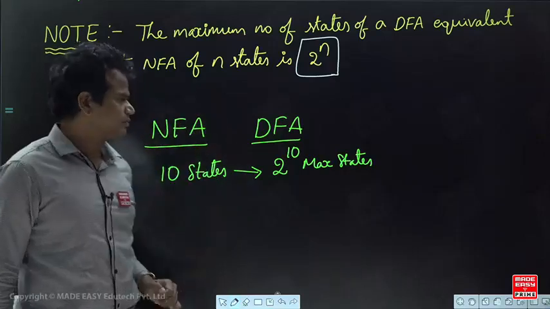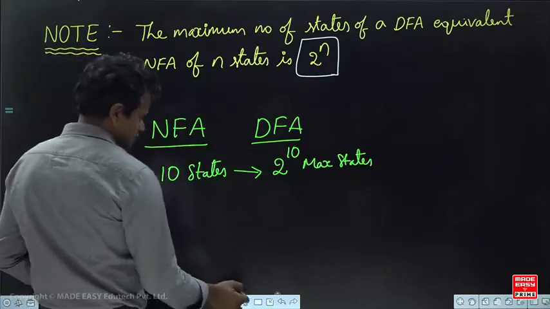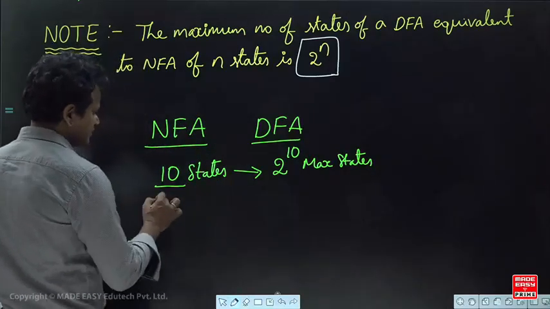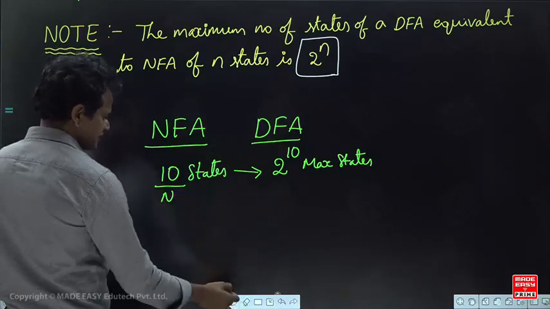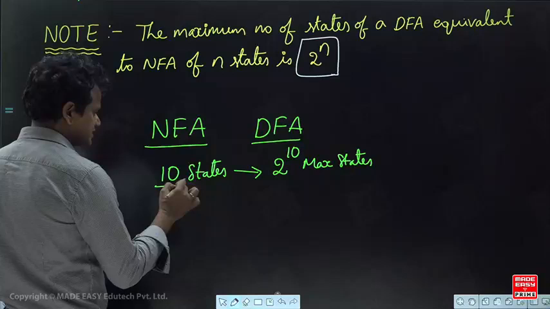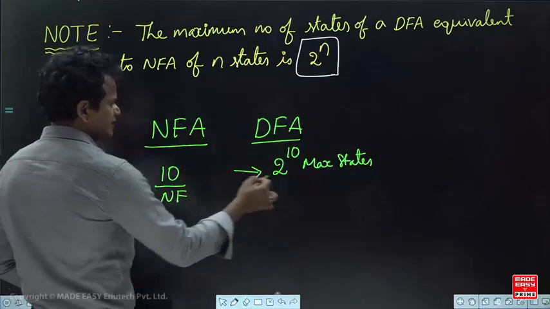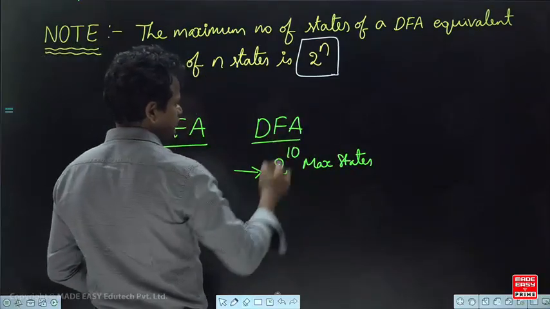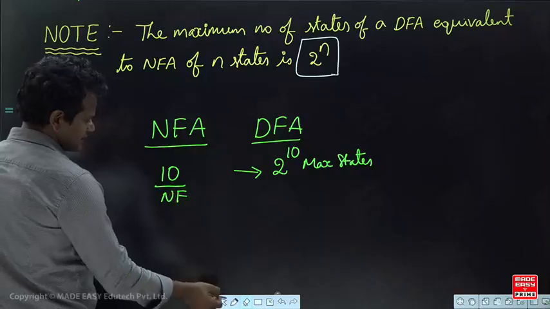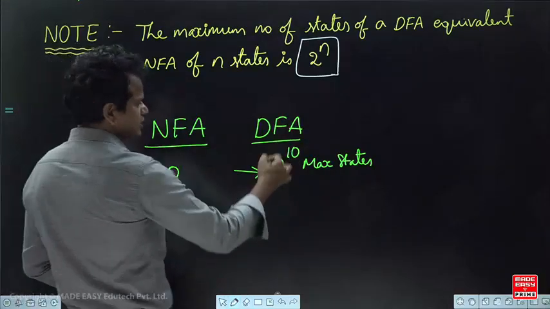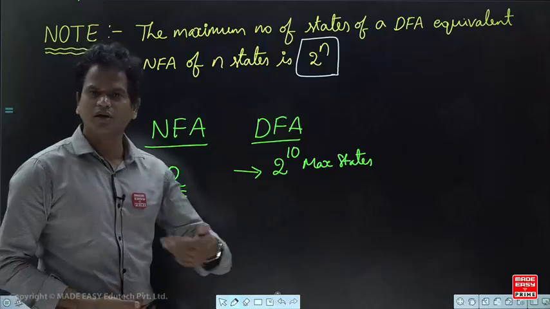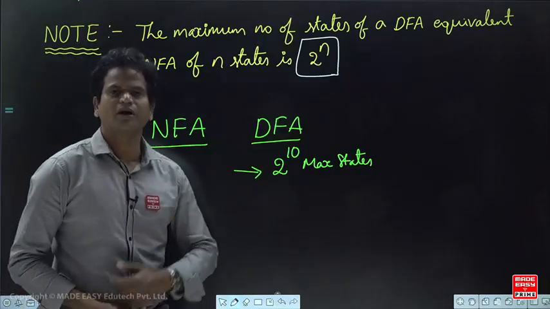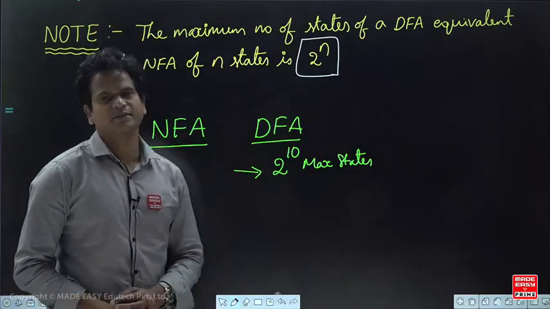Now my question is, suppose all these 10 are non-final, then if I convert this into a DFA, I will get maximum 2 power 10 states. If all these 10 are non-final states, then what about this 2 power 10? All non-final, or all final, or some final, some non-final?